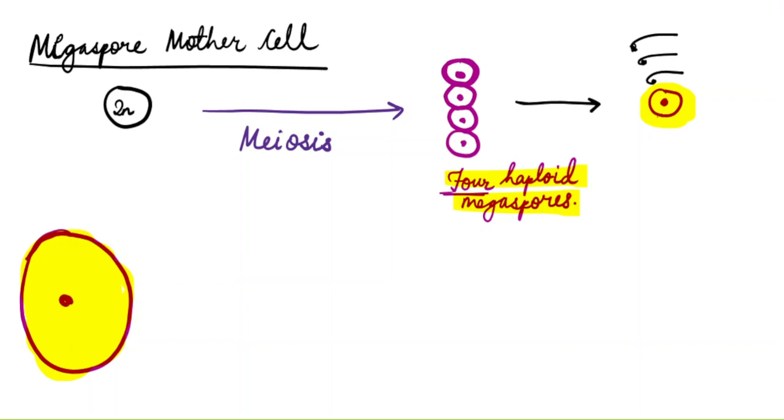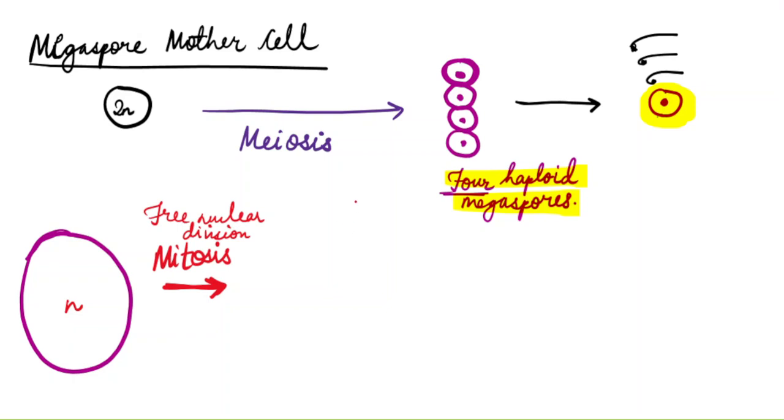The very first cell division is known as mitosis. Now we know that in mitosis, if there is a haploid cell, you will get a haploid cell again. But here there is a free nuclear division, which means in one cell only, the nucleus will divide.